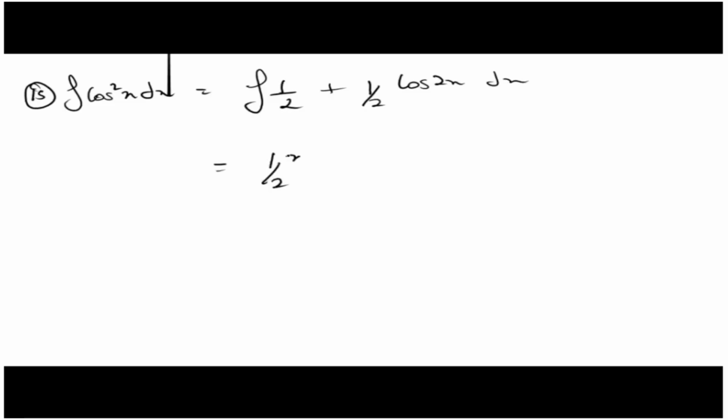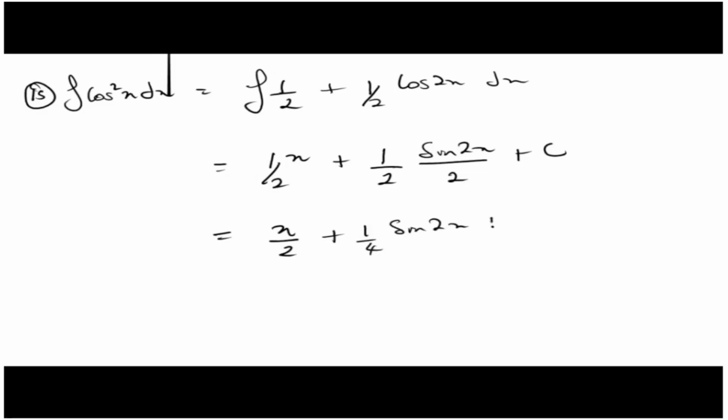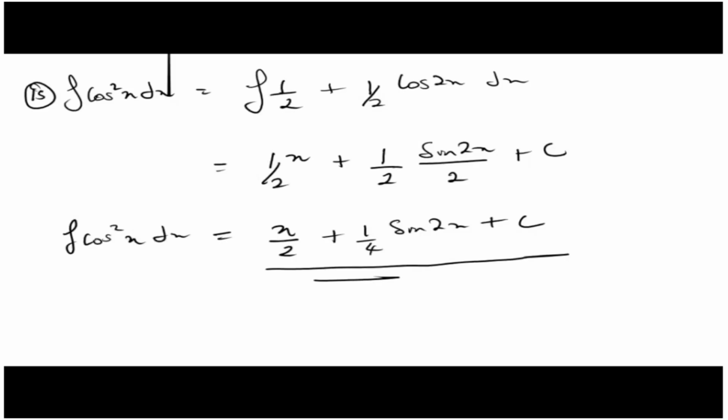Half x plus half sine 2x over 2 plus c. So this is x over 2 plus 1 over 4 sine 2x plus c. Just in case you might be asked, you never know. But I'm not sure, it's mostly M5, this one.